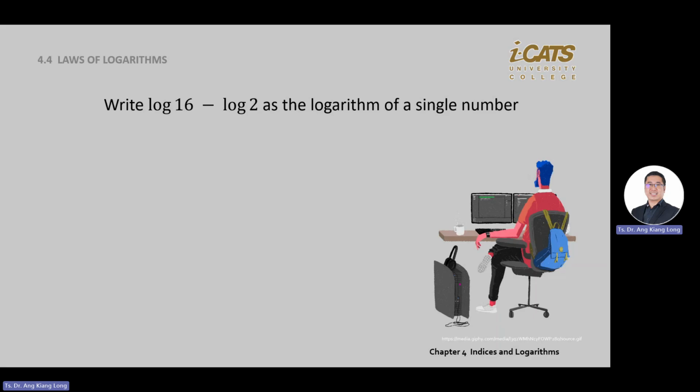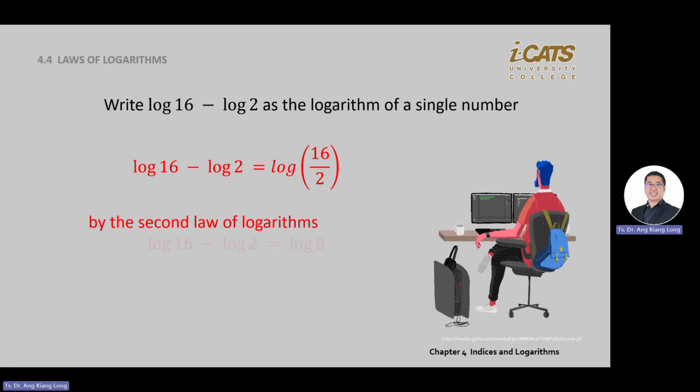Okay, so another one is minus. Minus is divide. So this one, log 16 minus log 2 equal to log what? 8. 16 divided by 2 is 8. So you write like this. Log 16 minus log 2 equal to log bracket 16 divided by 2. This step is important. You don't need to write this one. Then you give me the final answer.